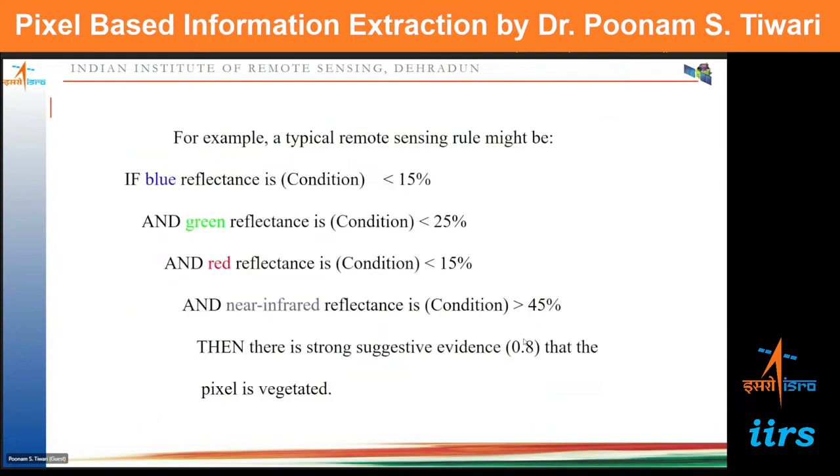Now, how can we create the conditions? Suppose simply we can say that if there is a pixel which has such a condition, that in the blue band the reflectance is less than 15%, in the green band reflectance is less than 25%, in red it is less than 15%, near infrared less than 45%, then we can say it is a vegetation pixel.